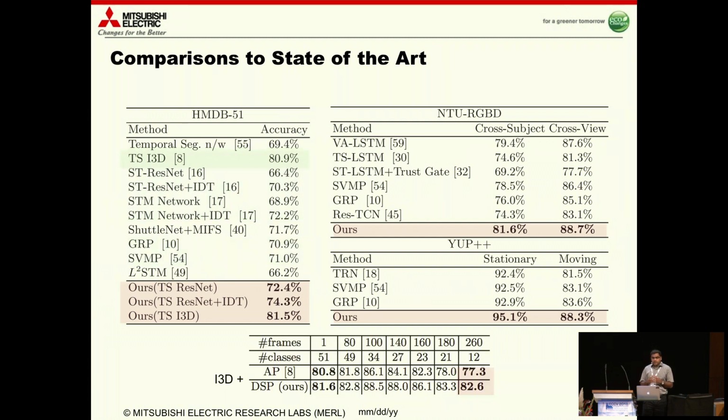Our improvement on I3D on the whole HMDB dataset was less than about 0.6%. So we wanted to investigate why this is not as much as what we would expect in comparison to other state of the arts. We analyzed this, and we found that if the sequences are longer, then I3D combined with our discriminative pooling scheme performs much better than I3D with average pooling, which is what is typically used.